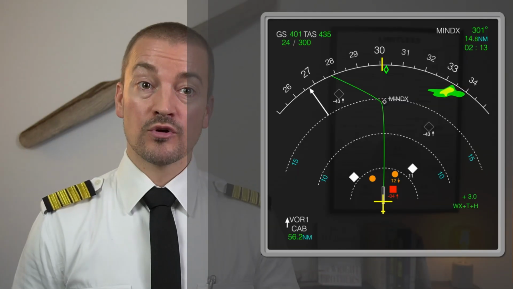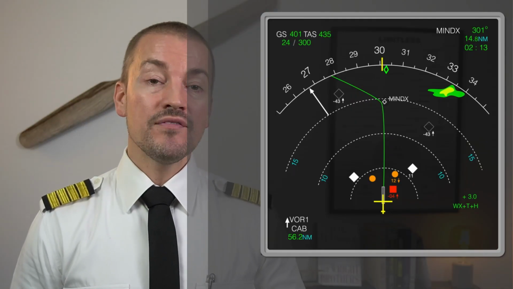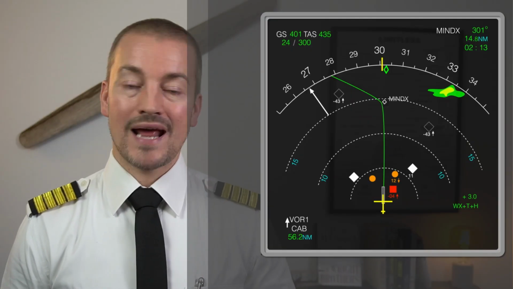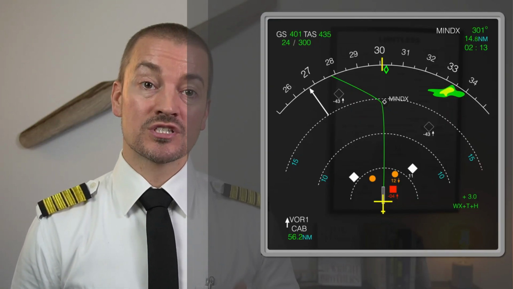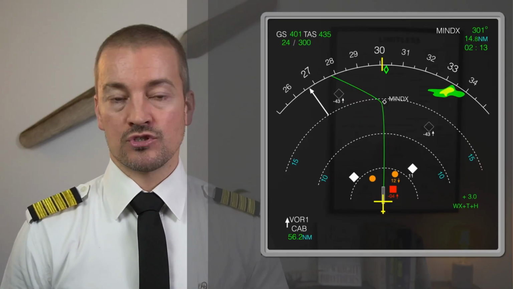They will show us as proximate, TA and RA, even if they are thousands of feet above or below us and don't actually pose any collision threat. The TCAS system will still treat it as if they were at the same altitude as we are.